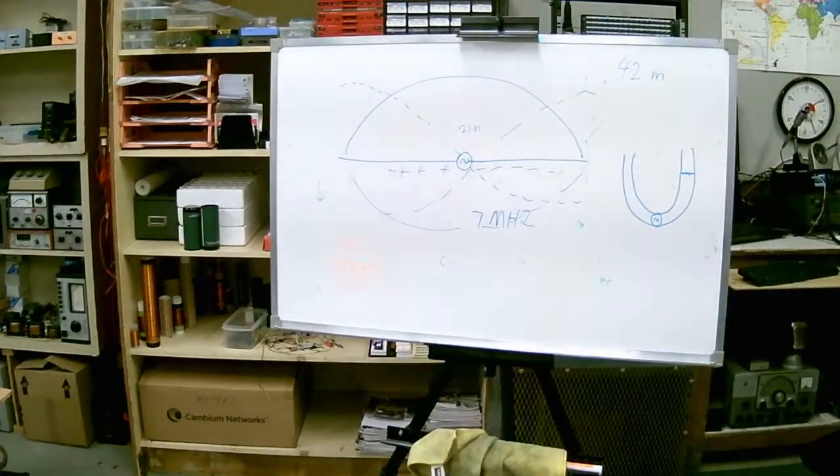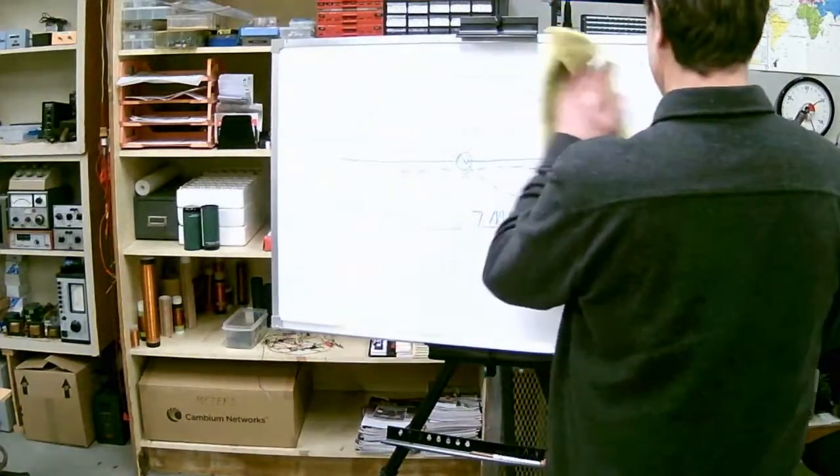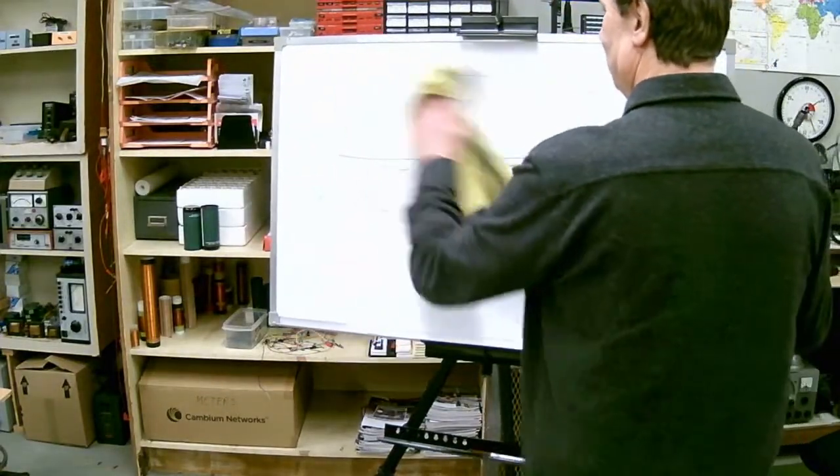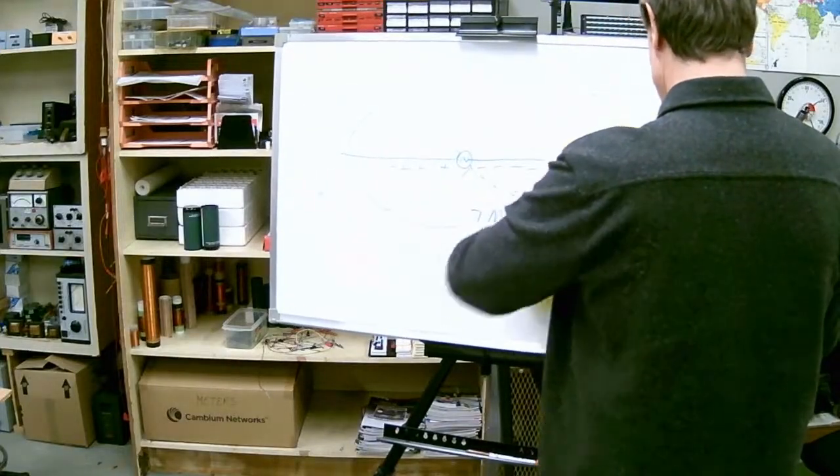Well, we have this mysterious entity called radiation resistance. And it's nothing you can measure with an ohmmeter. We can measure it with a grid circuit.